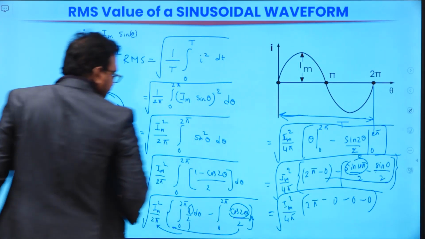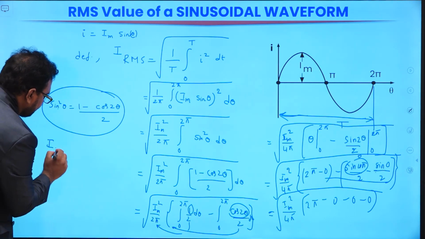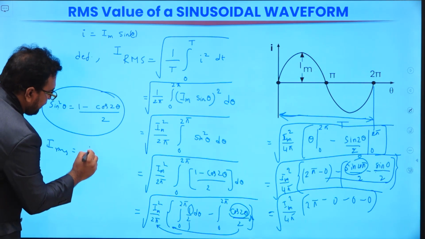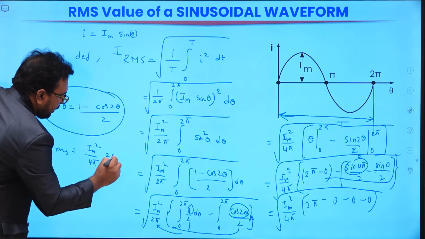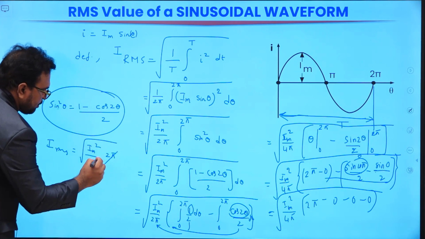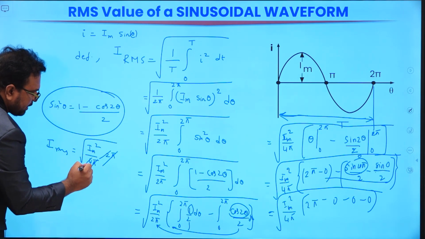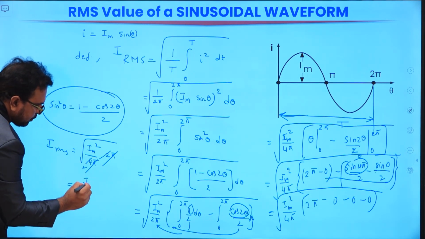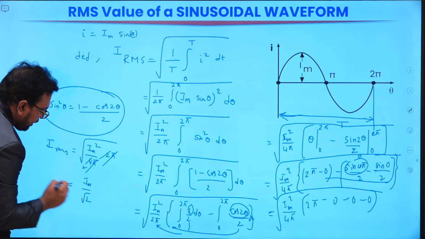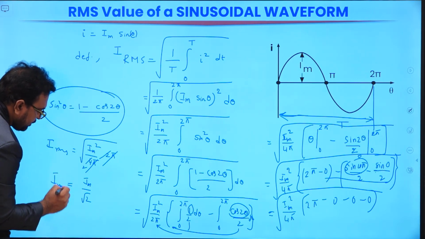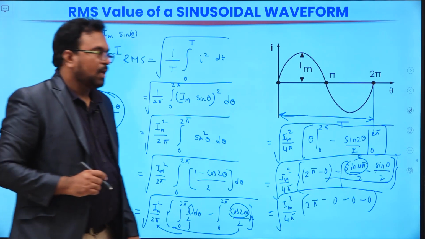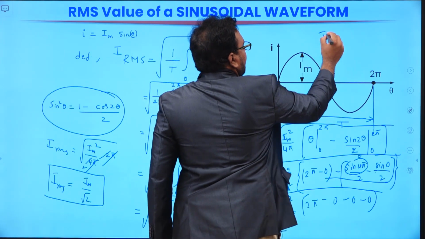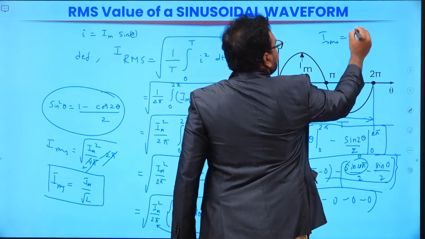Now from this expression we can get that IRMS is Im square divided by 4 pi into 2 pi, under root. So this pi gets cancelled, and 2 gets cancelled by 2 times. The final expression for IRMS is Im by root 2.